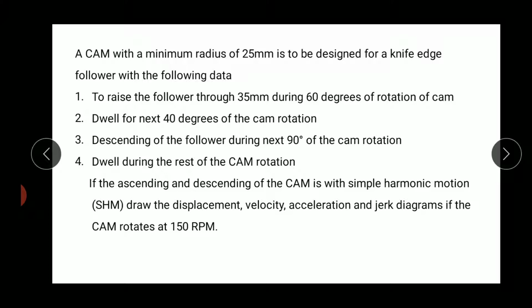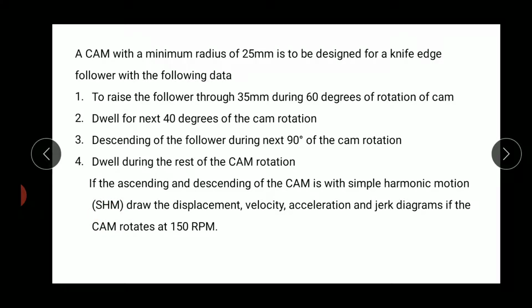The important data over here is the displacement of follower 35 mm, outstroke angle 60 degrees, dwell angle of 40 degrees, return stroke angle of 90 degrees, and the angular speed of the cam, that is 150 rpm. These are the important data, as well as the type of motion, which is simple harmonic motion of the follower.